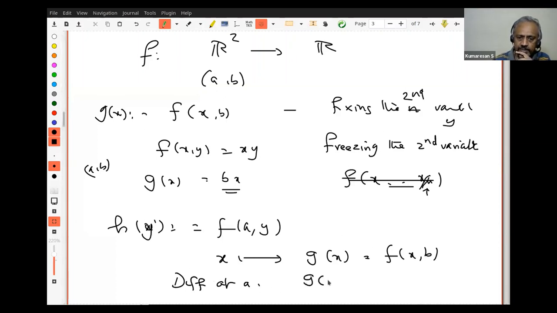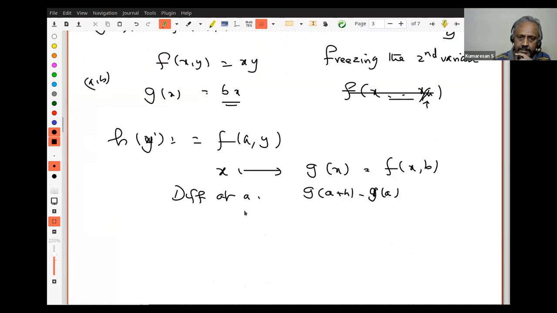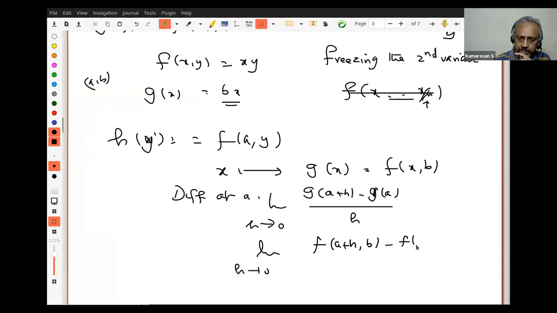So how do I compute the derivative? The derivative will be the limit as h goes to 0 of g of a plus h minus g of a, divided by h. But what is g of a plus h? That is f of (a plus h, b) minus f of (a, b), divided by h. If you want, you can write it as x going to a, then this is x minus a.